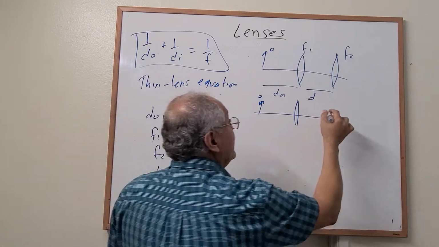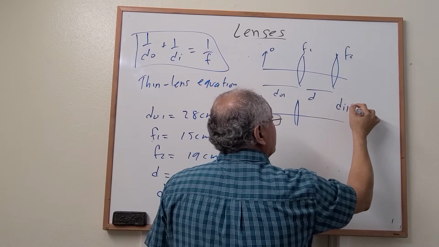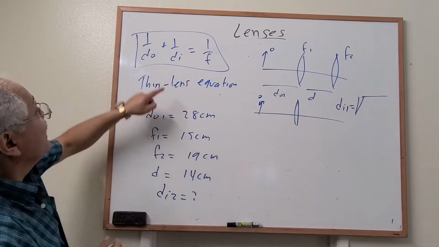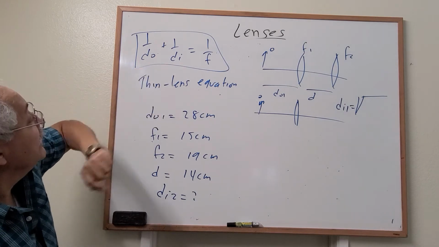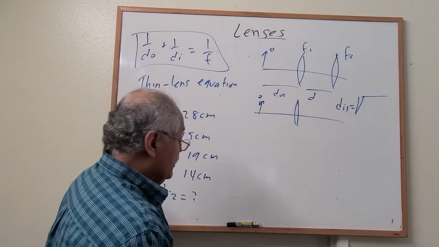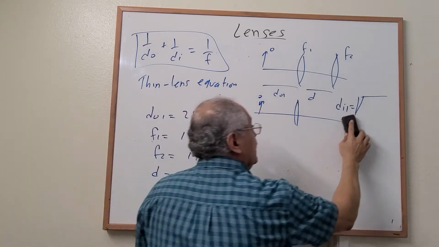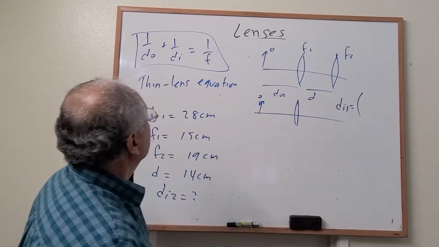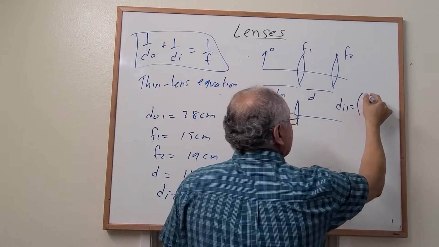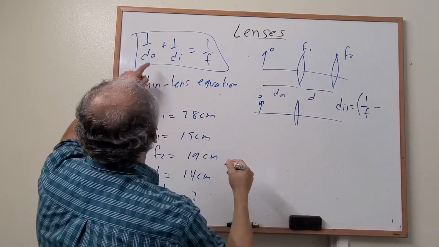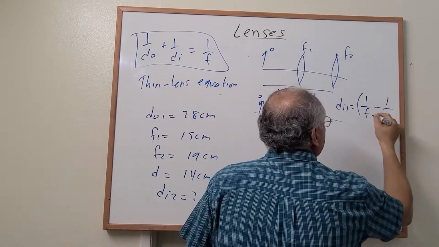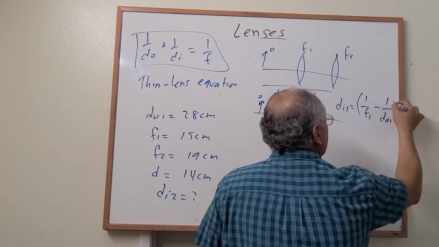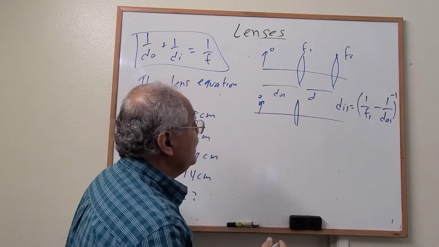From here, let's solve for di: di1 equals, in parentheses, 1 over f minus 1 over do, all inverse. Since it's lens 1, it's 1 over f1 minus 1 over dO1, inverse.